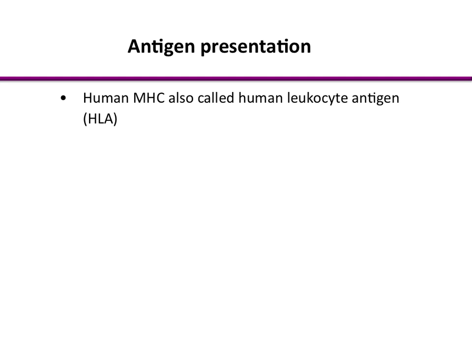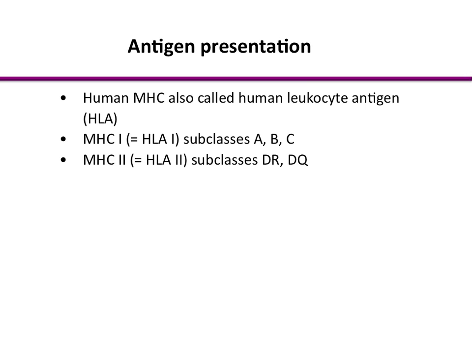All this work that we talk about with MHCs has been done with mice, and our knowledge about how the human immune system really works is based on animal work. In humans, we don't talk about MHC, we call the same structure human leukocyte antigen, HLA. So MHC1 is HLA1, and MHC2 is HLA2.